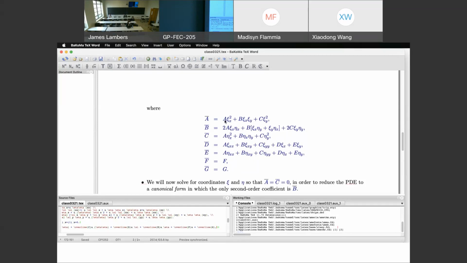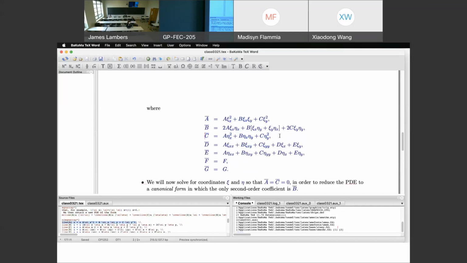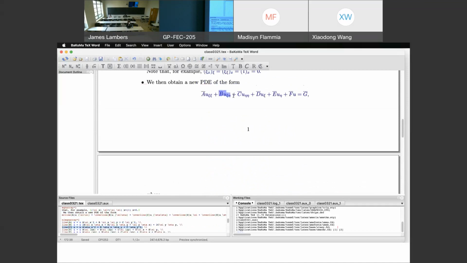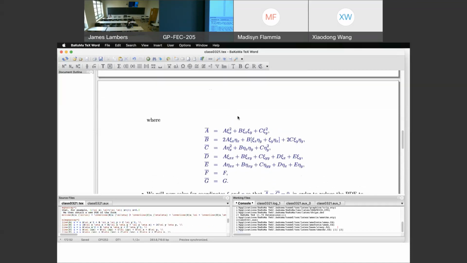So we would like A bar and C bar to be 0. That way the only second partial derivative in the new equation will be this one, u with respect to xi and eta. So that's the same second partial derivative term that we used to solve the wave equation.